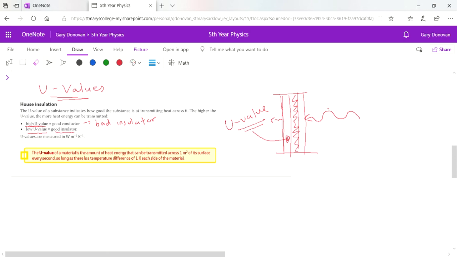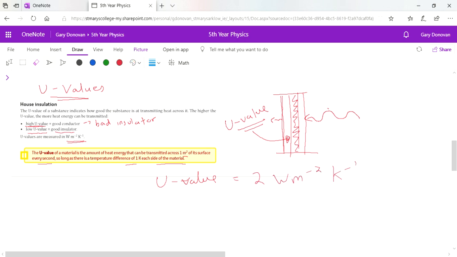So the definition of U value is, it's the amount of heat energy that can be transmitted across 1 meter squared of its surface every second, so long as there is a temperature difference of 1 Kelvin on each side of the material. It's measured in watts per meter squared per Kelvin. So let's say, and you don't need to even know this much detail, but let's say a wall has a U value of 2 watts per meter squared per Kelvin.